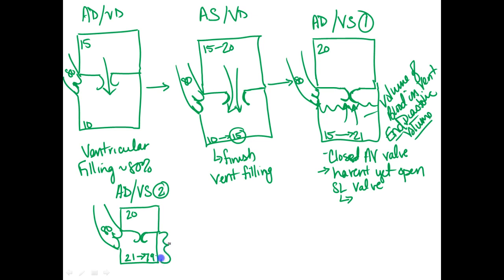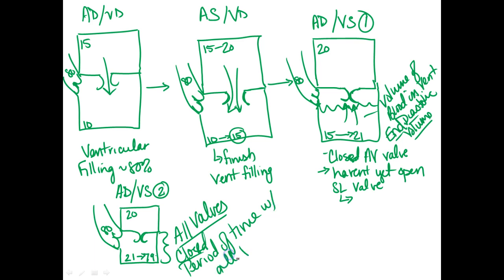Well, at this point, all valves are closed. And as long as we are in this pressure range between 21 and 79, all valves are going to remain closed. Now, since we're increasing in pressure with all valves being closed, we call this period of time isovolumetric contraction.